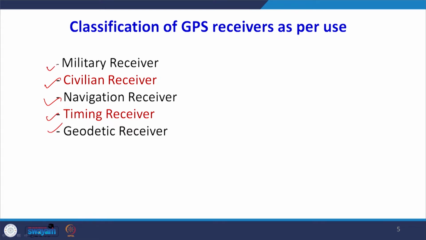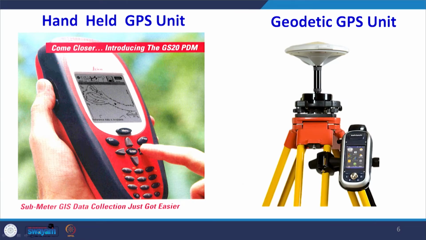So, depending upon the application, we will make the selection of the receiver, not only on the basis of the uses, but on the basis of the carrier signal. So, we have two broad categories. Under the civilian, we have the handheld GPS unit, which is lighter in weight.